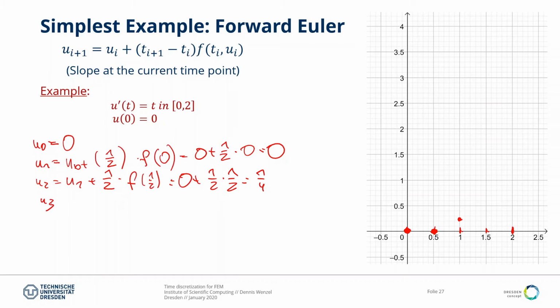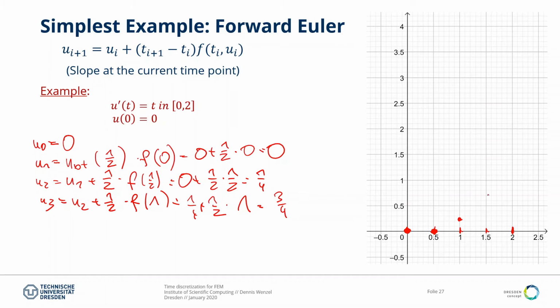Then u3 is just given by u2 plus 1/2 times f of 1. So that's 1/4 plus 1/2 times 1, and that's 3/4, if I'm correct.